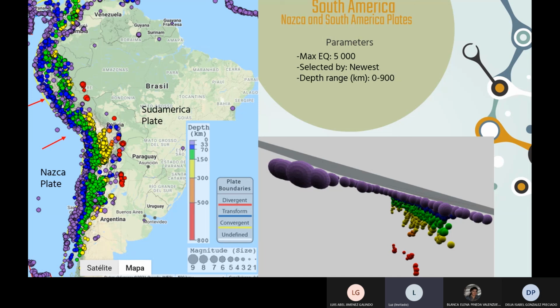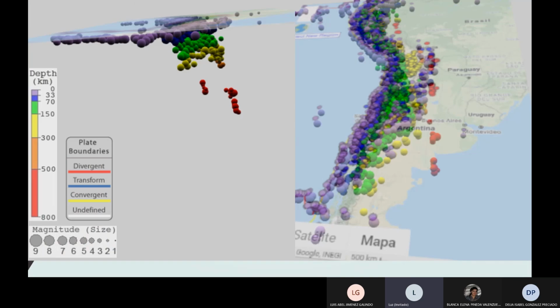On the other hand, only a small part of the earthquakes are found at depths greater than 500 kilometers, and in general, the deepest earthquakes are at a greater distance from the trench. In fact, the deepest earthquake is located at 630 kilometers deep with a magnitude of 7.1, very far from the trench. Here we can see the depth of the earthquakes.